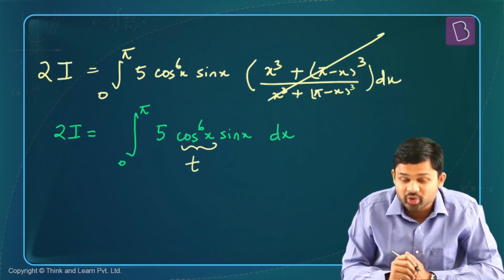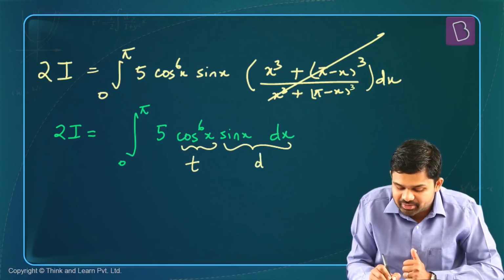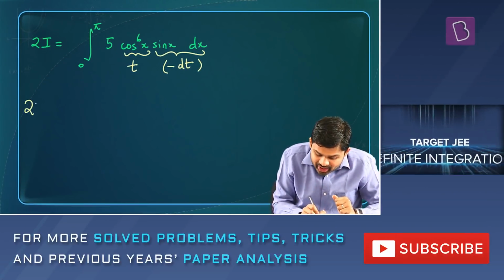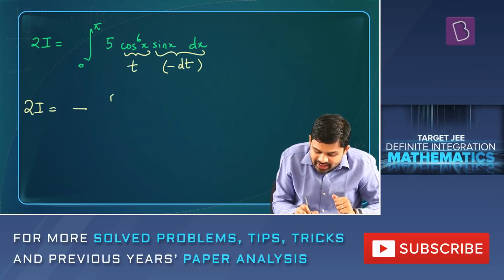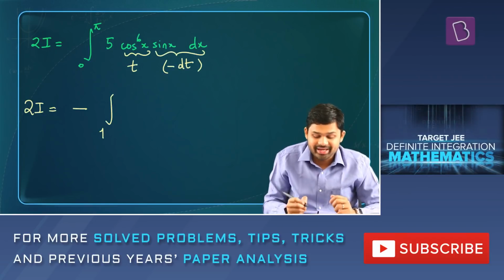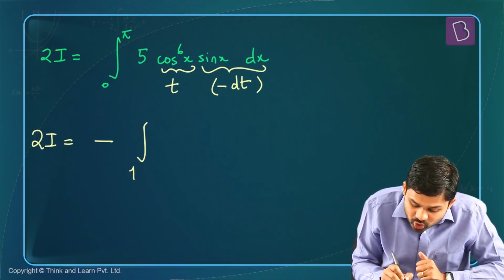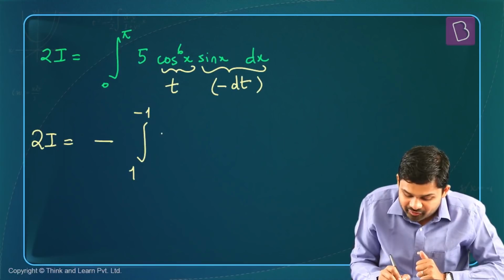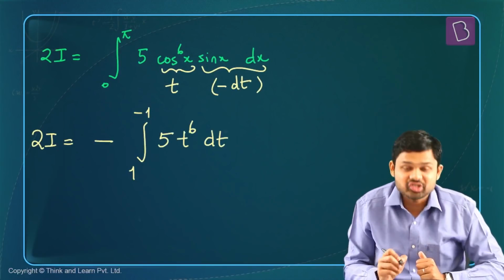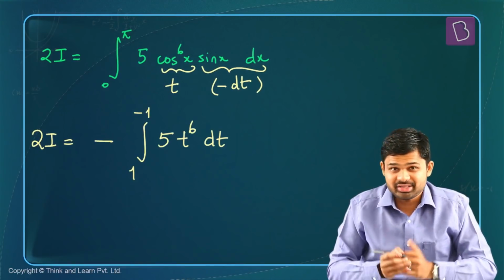Let cos x equal to t, then my sin x dx becomes minus dt. So you have 2I to be equal to negative of integral, when x is 0, cos x is 1, and when x is pi, cos x is equal to minus 1, 5 times t to the power 6 dt. This is the new integral that you have to simplify.